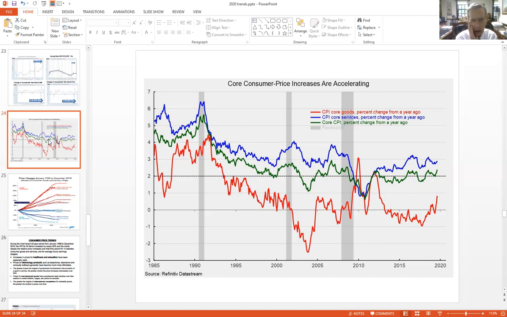But with the increasing purchases of groceries and with the declining value of the dollar, if you remember that, prices of services especially are beginning to move up. The prices of goods, the products that we buy, have been moving up in recent months a lot faster.